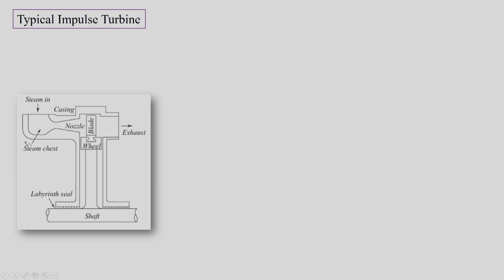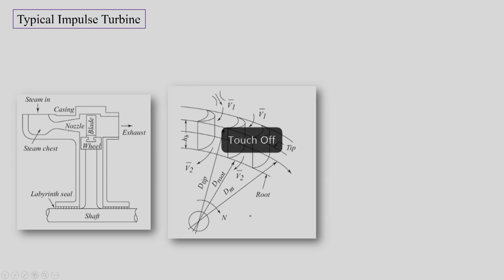Then this is a typical sketch where we will have flow coming from the nozzle, and then we have blades. When the flow comes, these blades will interact with the flow and divert the flow towards the outlet of the turbine. This is the inlet to the blades, this is the outlet of the blade, and the flow is going to pass in between two blades.